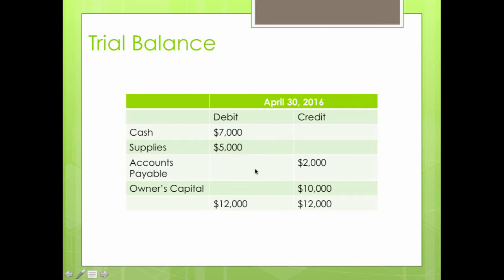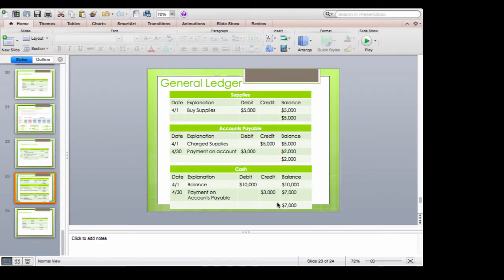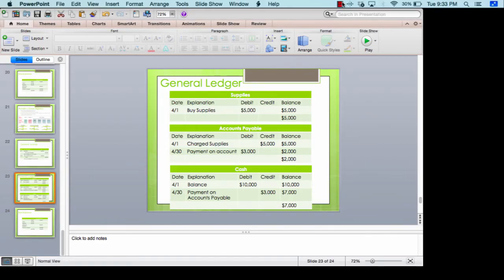Once you finish posting all of your account balances on your trial balance, you're going to add the debit column and the credit column. And you have to make sure that the debit column equals the credit column, which in this case is $12,000. And that is all that you have to do.